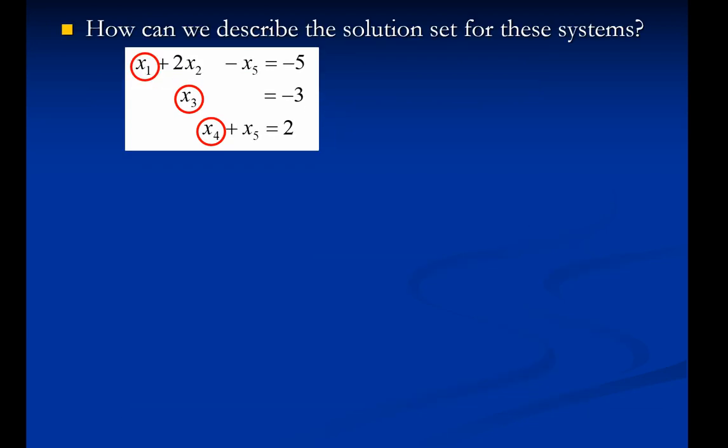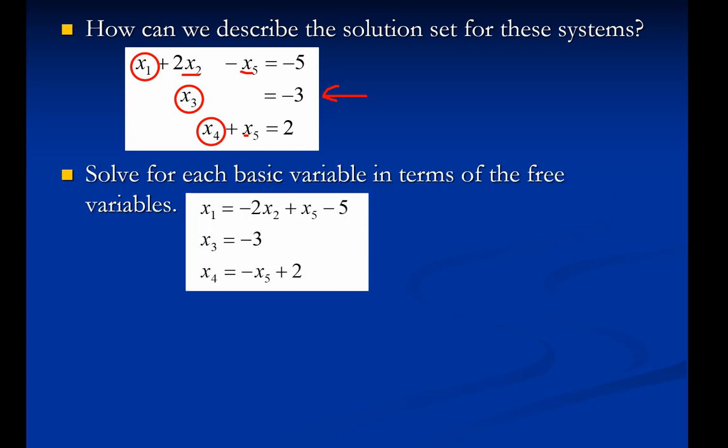So how can we describe the solution set for these systems? Well, this one's easy, right? x sub 3 has to equal -3. But we have a free variable in the others. For each basic variable, we solve in terms of the free variables. All we've done is take the top equation and solve it for x sub 1.